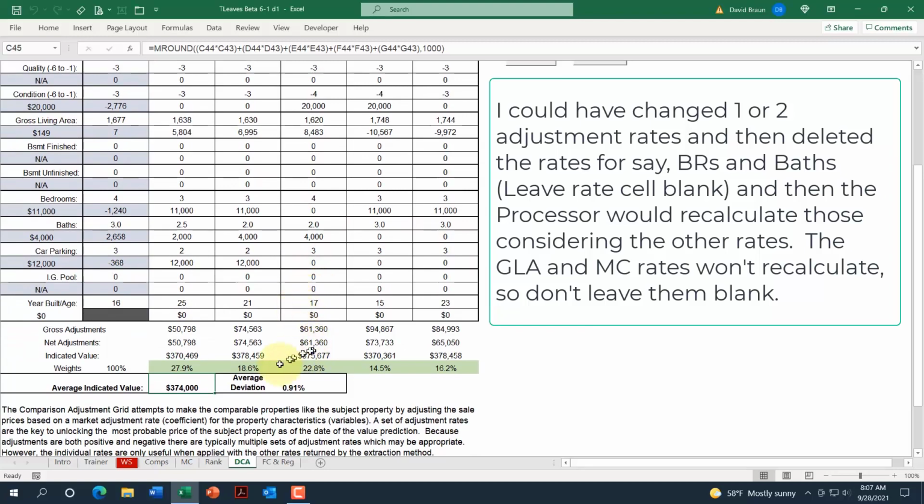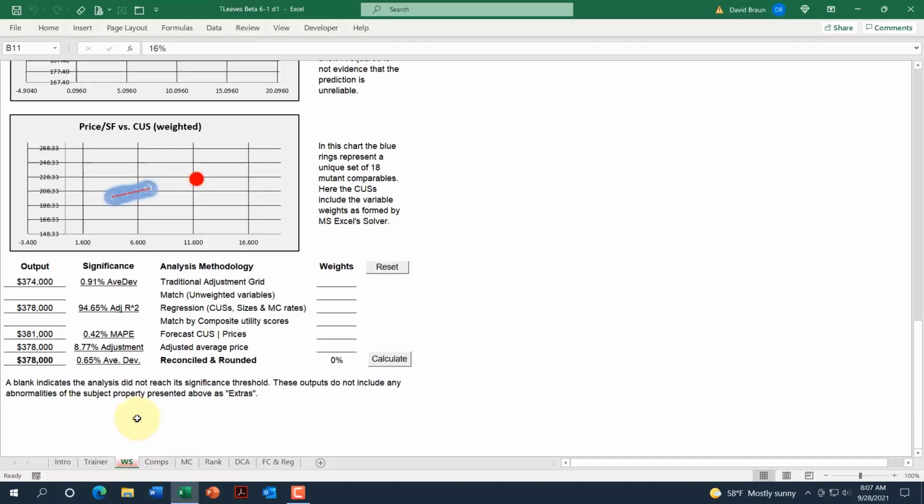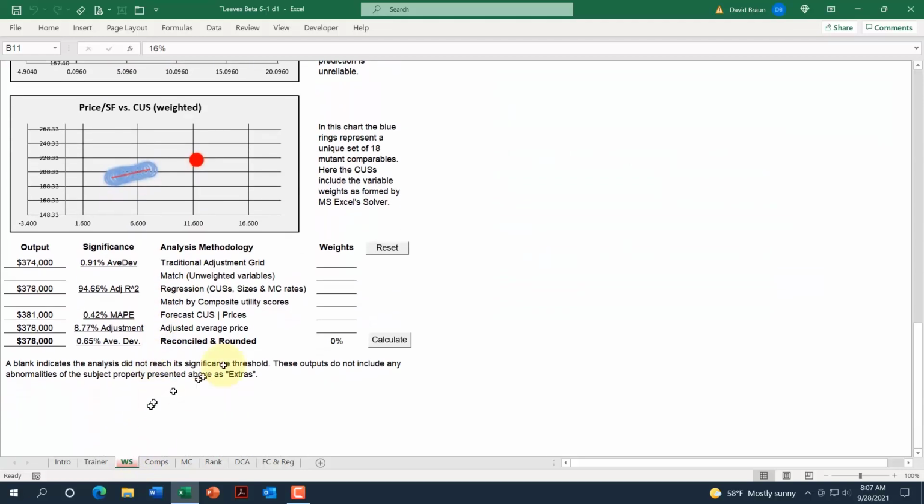So now it's done that. And I'll go back to the worksheet and go to the bottom of the page. And then we would want to weight these, which you could weight however you want. I'm just going to leave them where they are now.